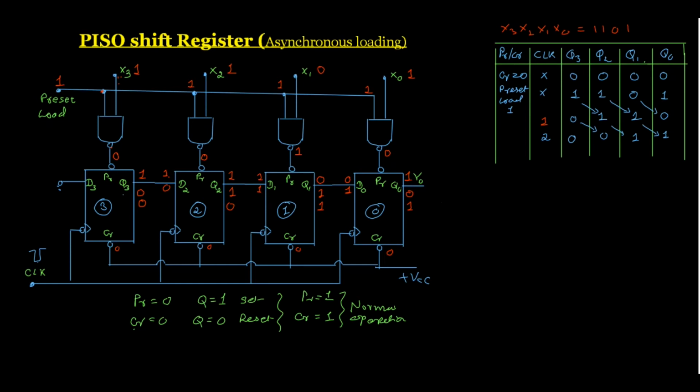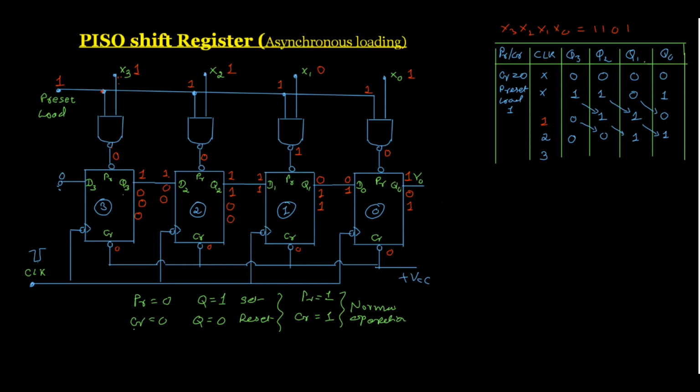Now let us see when we applied a third clock pulse. With this third clock pulse negative edge, at the input D3 it is 0, so this output is going to be 0. Now the output of the Q3 is 0, so the input to the D2 is also 0, and it is transferred to Q2 as 0.